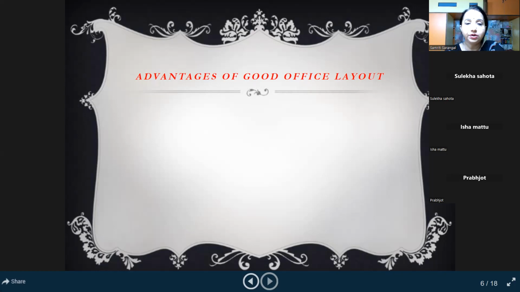Okay, let us see what is written. For better goodwill, goodwill stands for reputation. To maintain the goodwill of your institution or company, you need to give a good office layout.